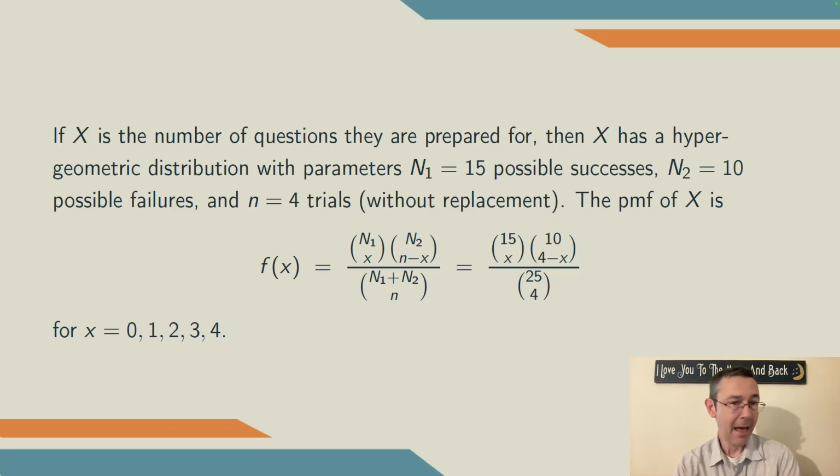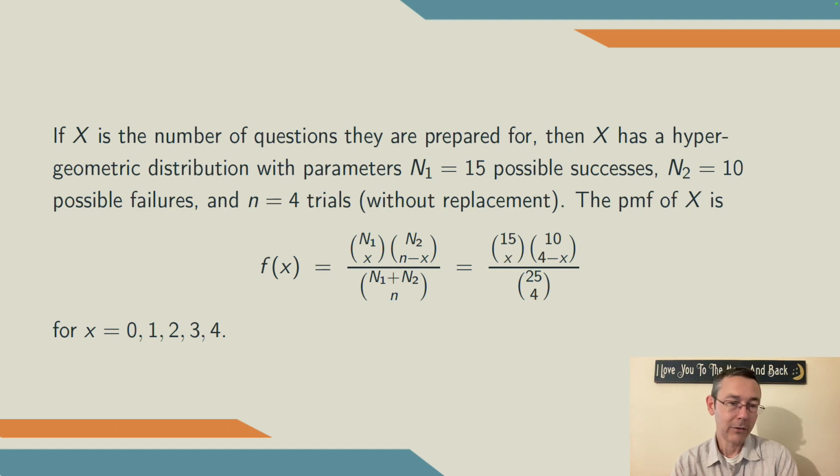The probability mass function is given here. What's going on here is in the denominator, we're counting the total number of ways that we can pick n objects from a collection of n1 plus n2. So in this case, picking 4 from a collection of 25.